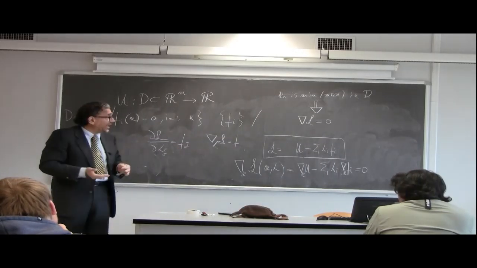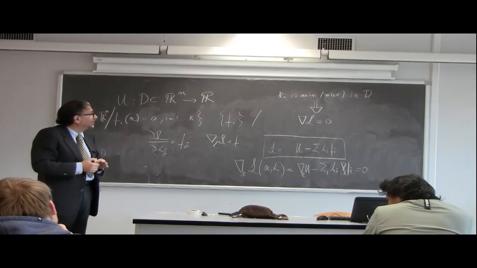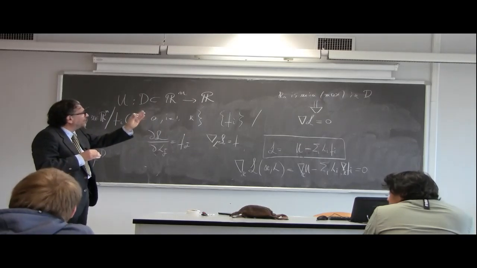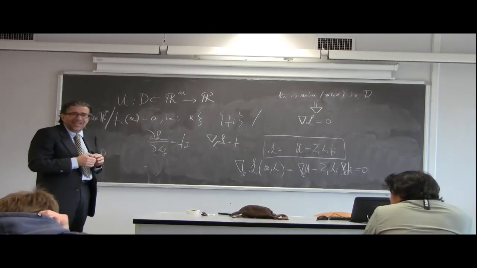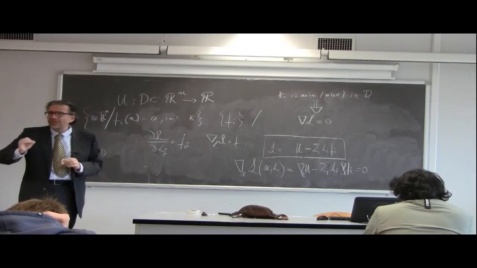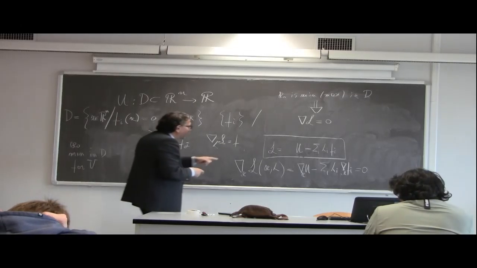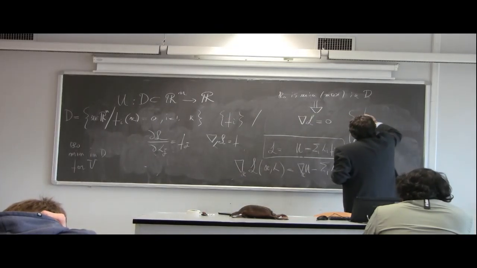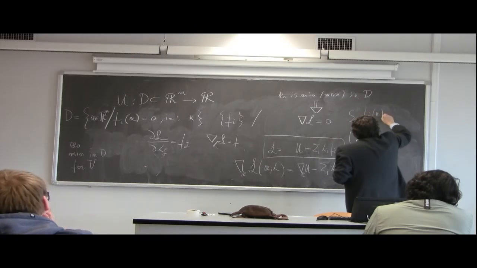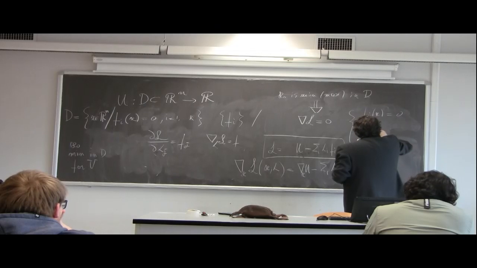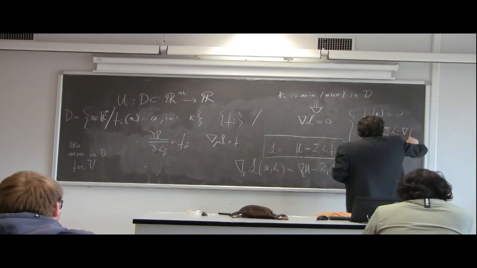The theorem which I have proven tells you that if x0 is a minimum or maximum, then grad L is 0. Now, we have written this condition. It is F_i(x) equals 0 and grad U equals the summation over i of lambda i grad F_i.